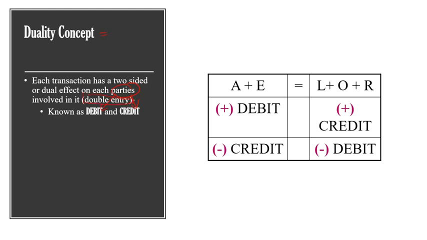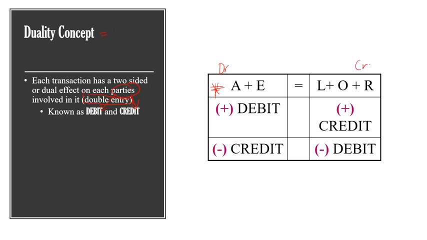Okay, so now let's take a look at this table. So I hope you still remember chapter 3. Last week, I already talked to you about the acronym of LOR, okay? LOR, please remember this, it's very important. So here is the debit side and here is the credit side.